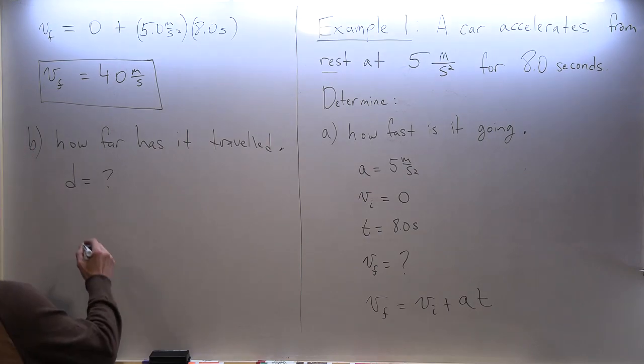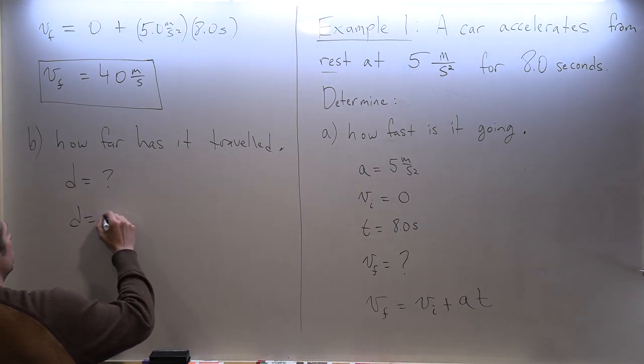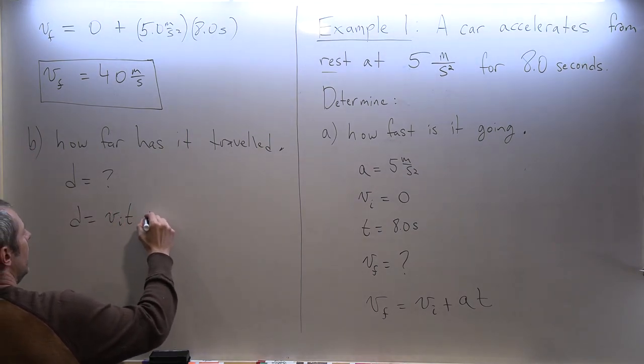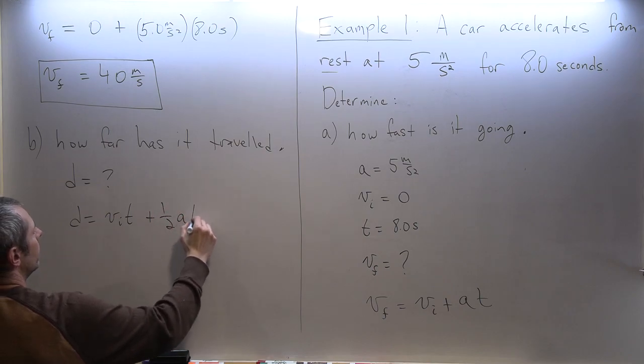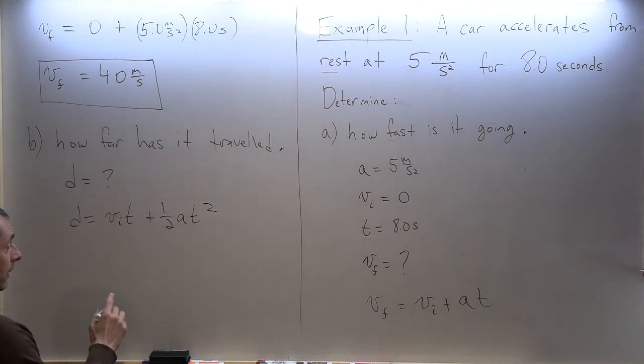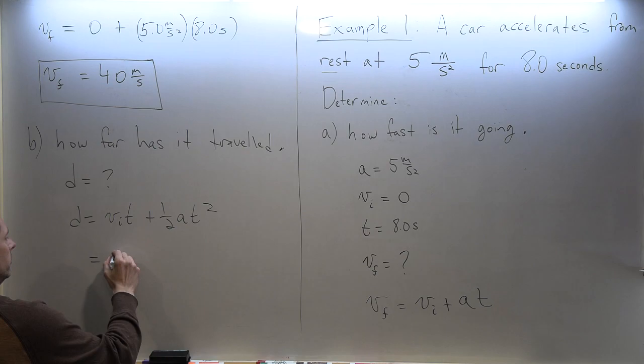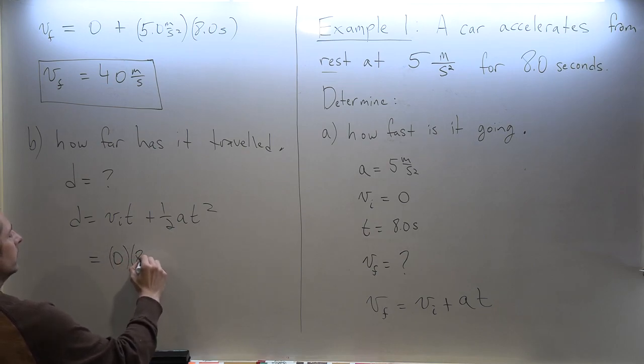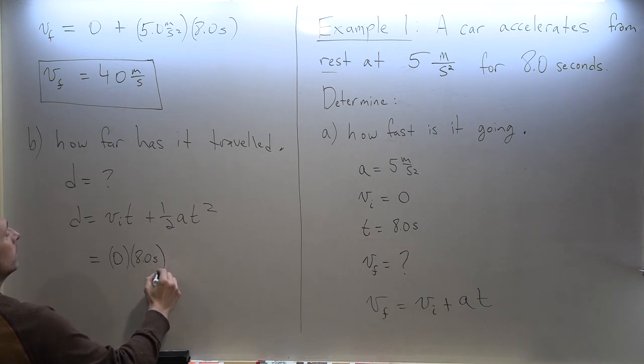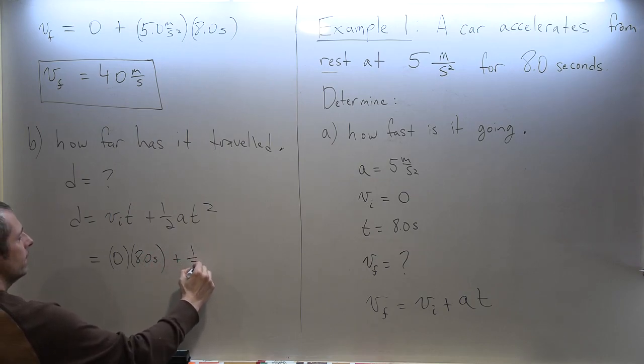So once again, I've got to write the formula out. D equals VIT plus 1/2 AT squared. Always, right? Otherwise you lose a point. You plug in your initial speed, 0 times 8 seconds, plus 1/2.